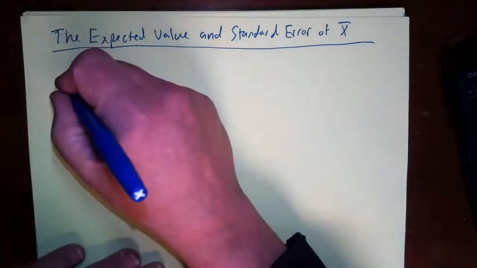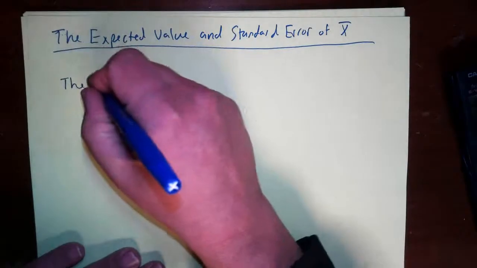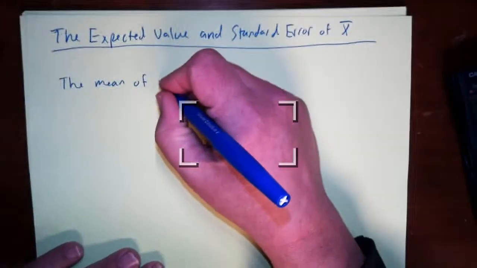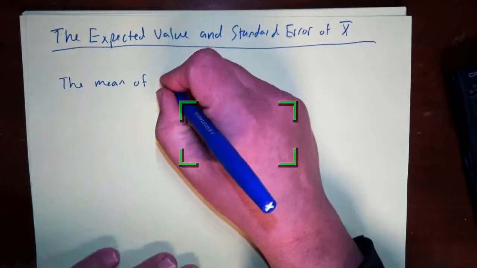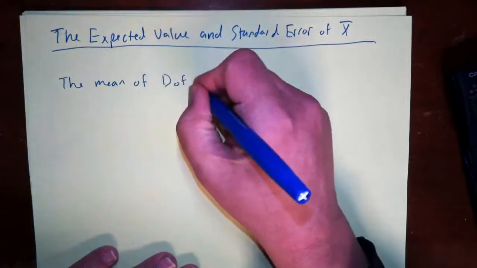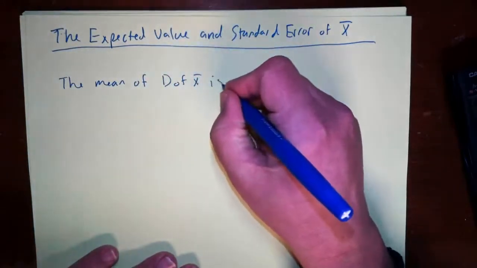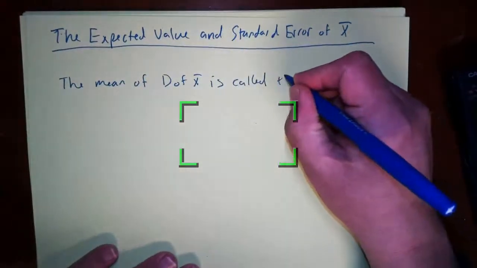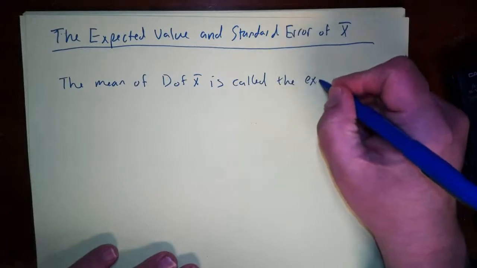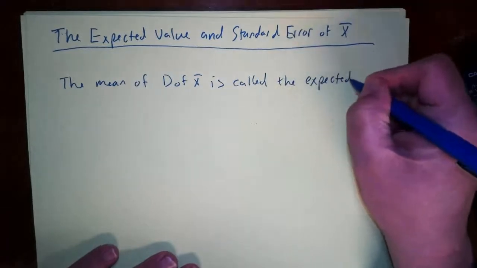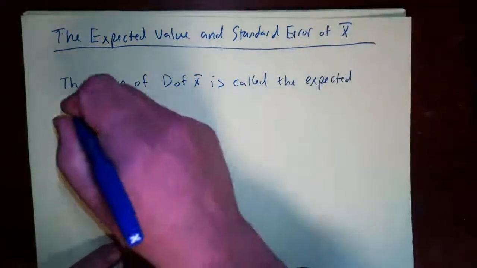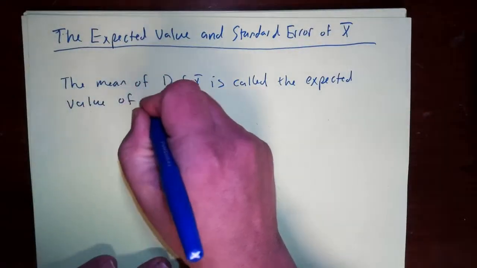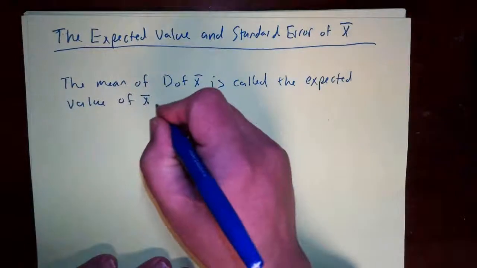Okay, so first of all, the mean of the distribution of x bar is called the expected value of x bar.